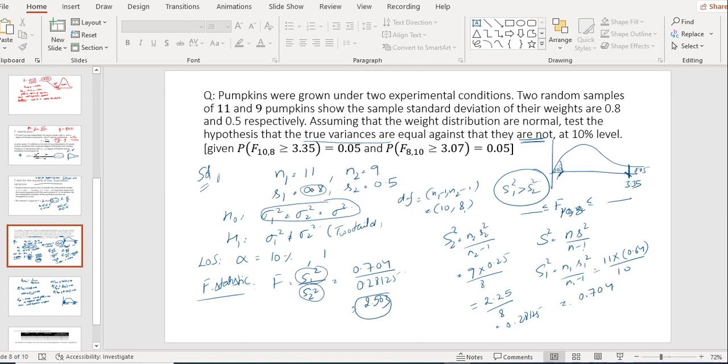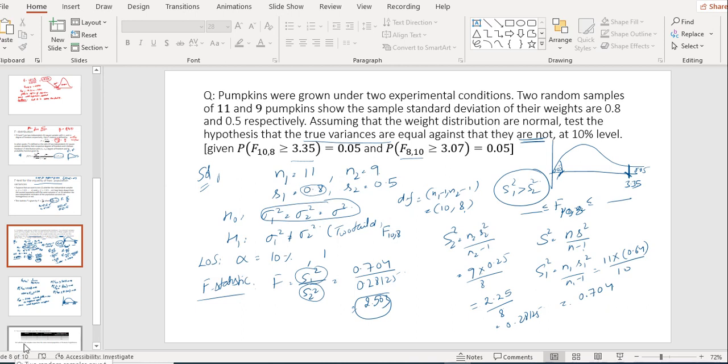For S2 the sample size is 9, so the degree of freedom is 8. So we calculate the F statistic corresponding to 10 and 8 degrees of freedom, right? And because we are given the table for both, with the help of this we can get the upper limit, and for the lower limit we need to convert F of 8, 10 into F of 10, 8, and hence we can get the lower limit also.